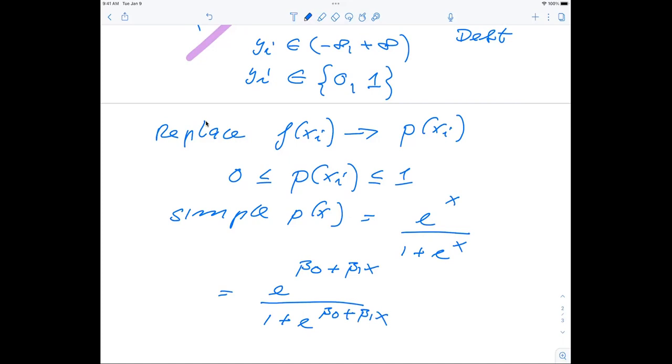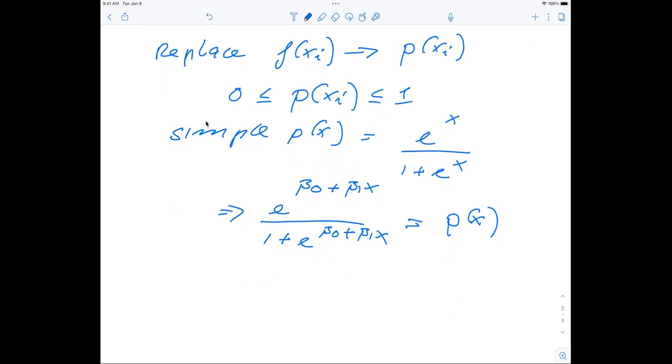So I shouldn't put an equality sign here. So this is the one which we are going to look at. And this function here has two unknown parameters, beta 0 and beta 1, which we need to determine.